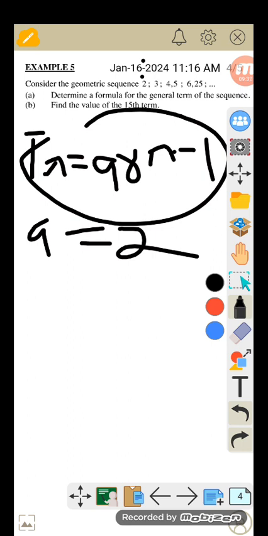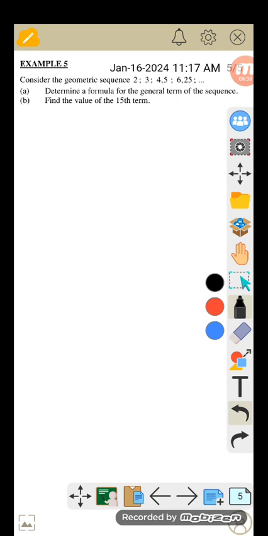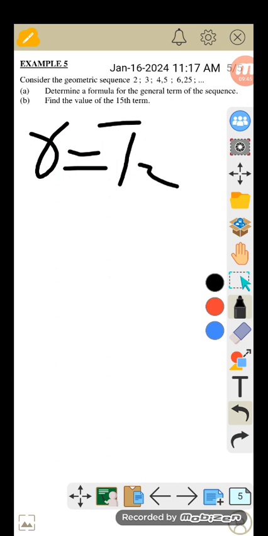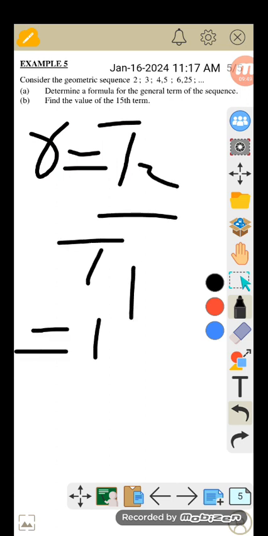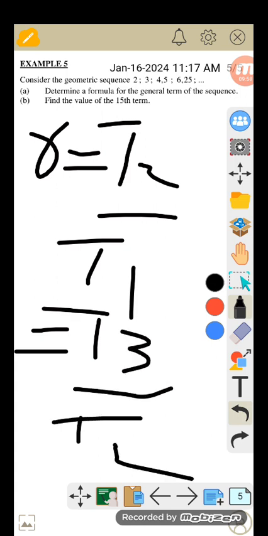I forgot to tell you guys that r is always equal to T2 over T1, and it is also equal to T3 over T2, just like that.